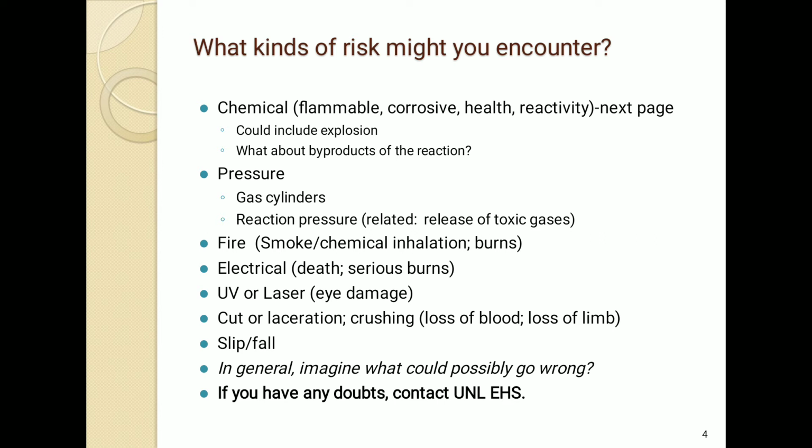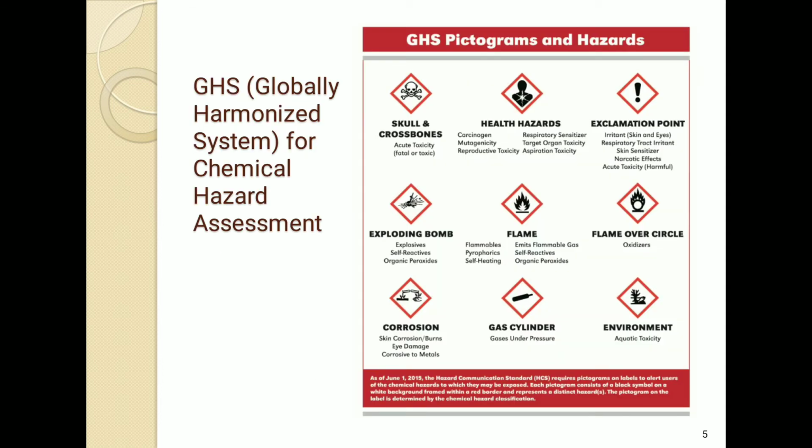Firstly, fire, smoke, chemical inhalation, burns, electrical death and serious burns, UV or laser eye damage, cuts or lacerations, crushing, loss of blood, loss of limb, slips or falls. In general, imagine what could possibly go wrong. If you have any doubts, contact UNL EHS.